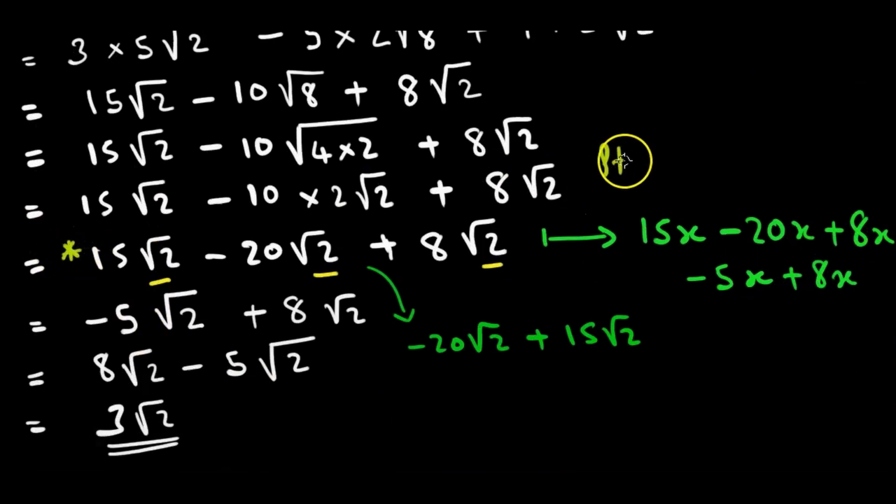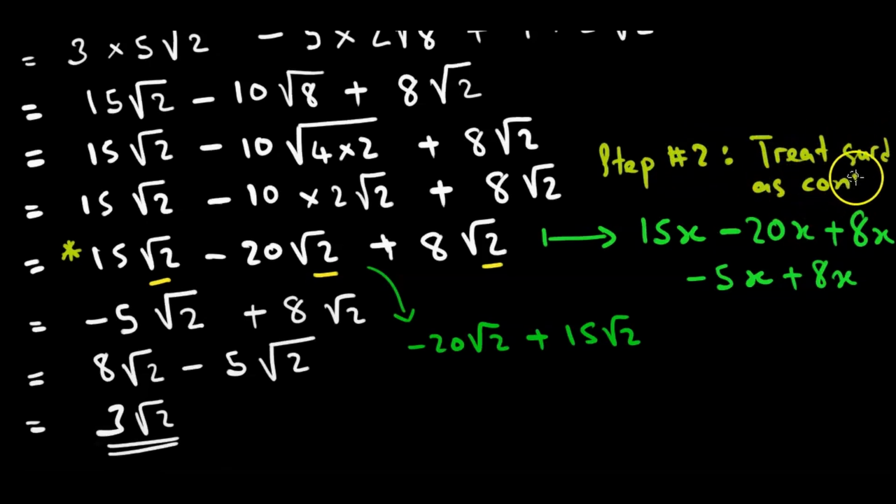Then we can talk of step number 2, where we treat the SAD as a constant. So we treated the SAD as a constant until we got our final answer of 3 the square root of 2. So if you have any questions, please don't hesitate to ask.